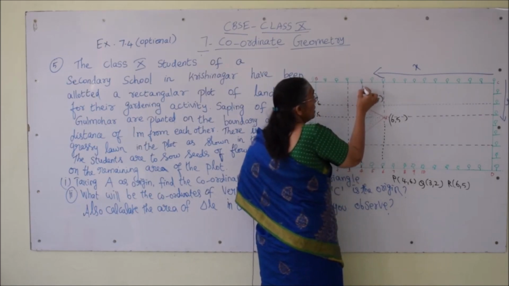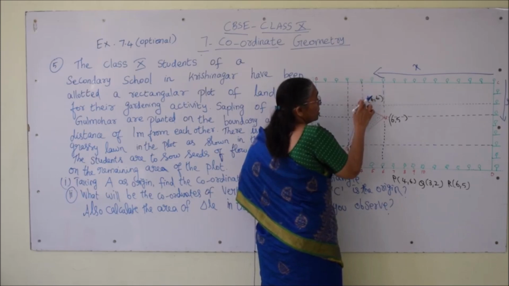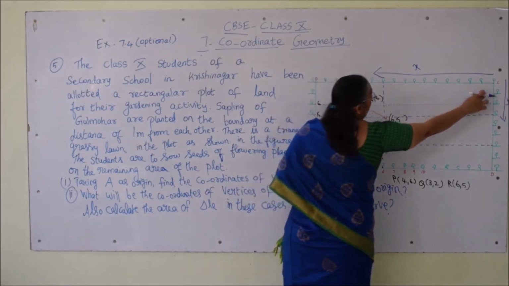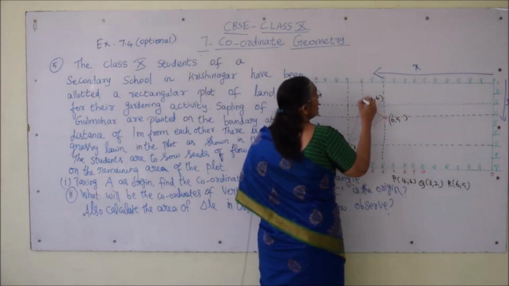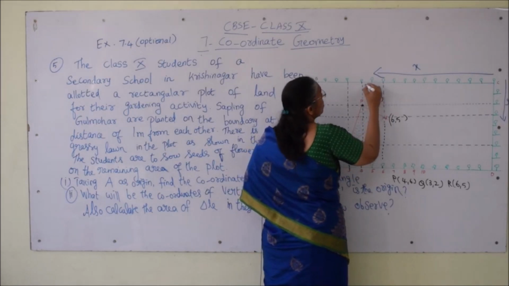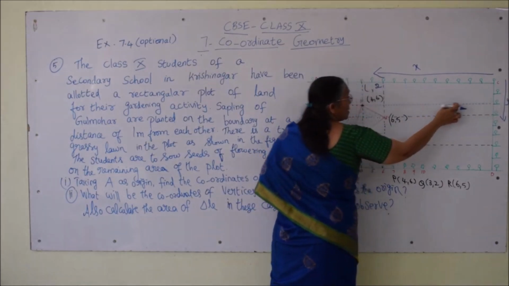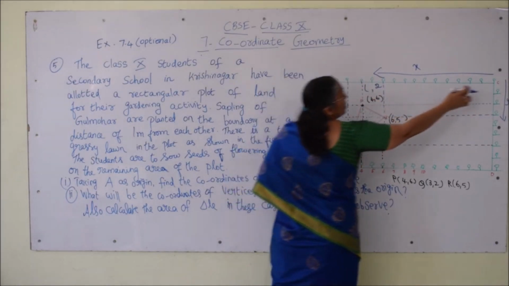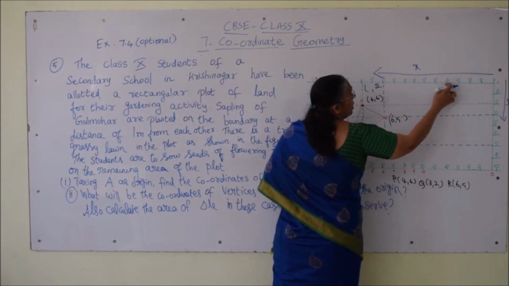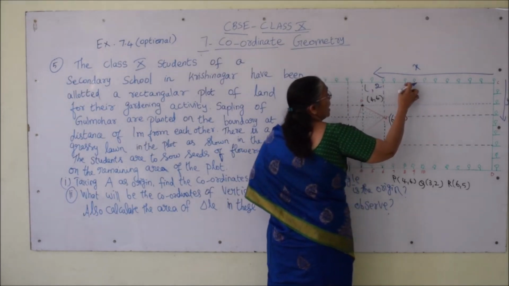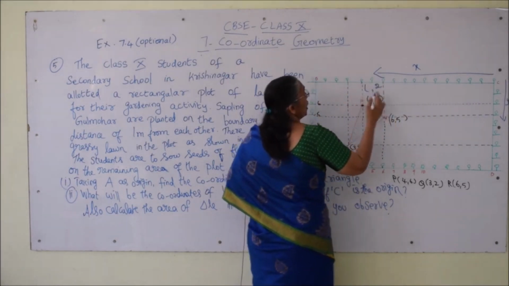Its distance from the x axis is 1, 2. So, its distance from the x axis is 2, meaning its y coordinate is 2, and its distance from the y axis, we can see here the plants 1, 2, 3, 4, 5, 6, 7, 8, 9, 10, 11, 12.